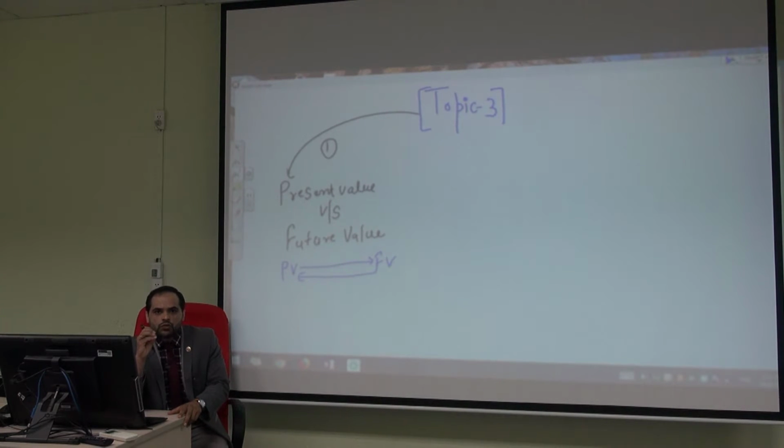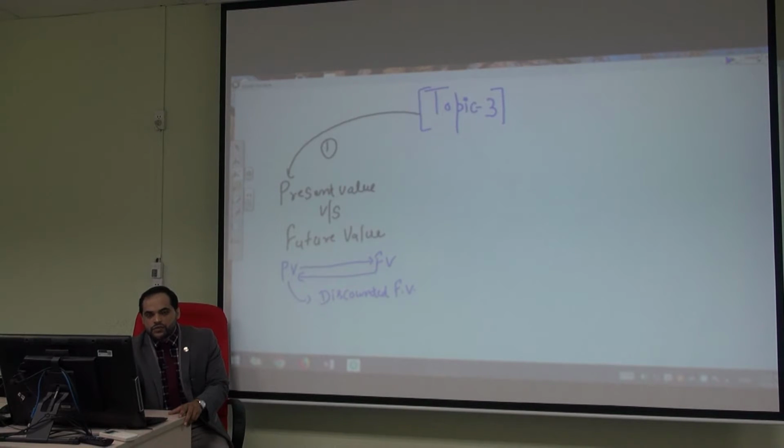If a future value is discounted, whatever value we get after discounting, that's called the present value. So we can call it discounted future value.